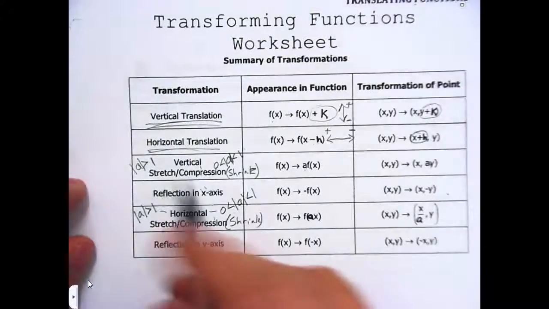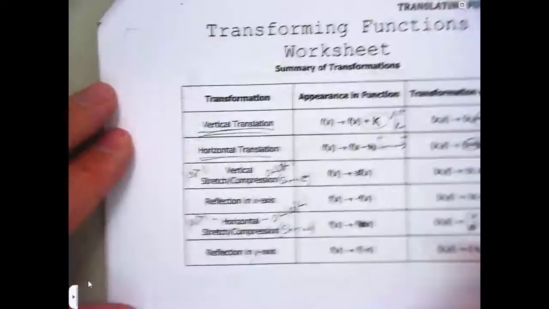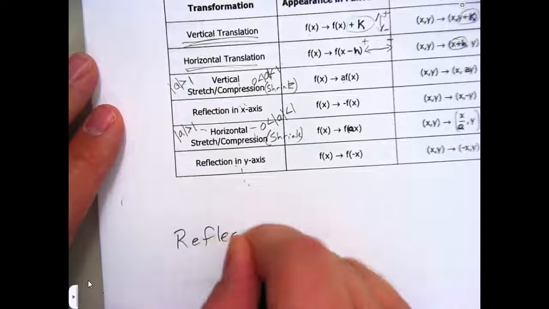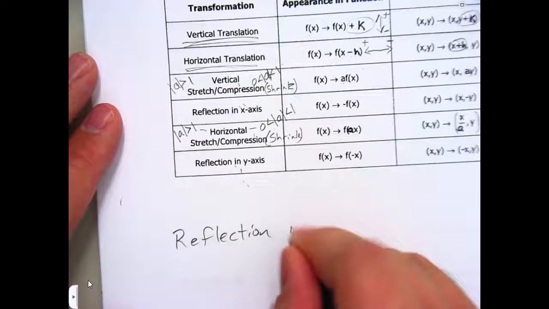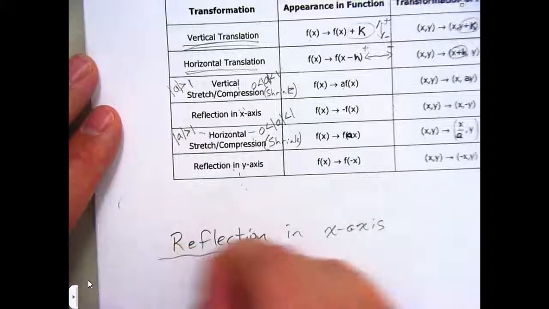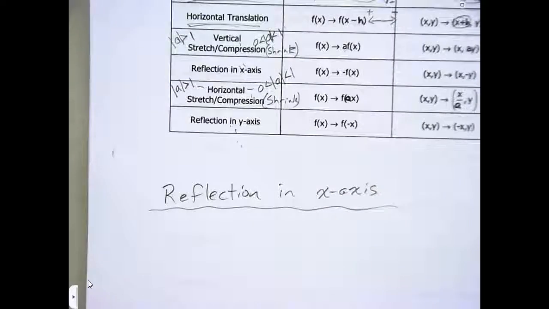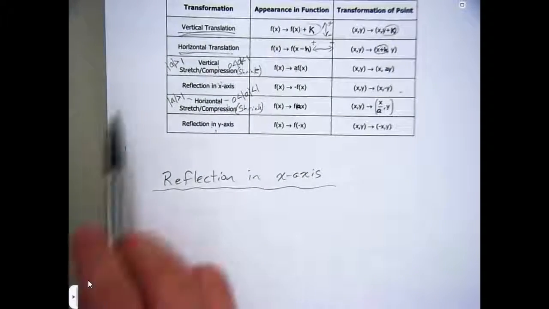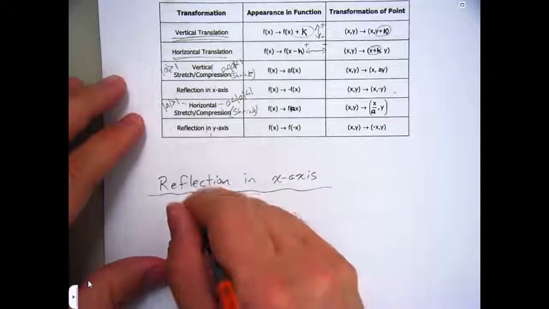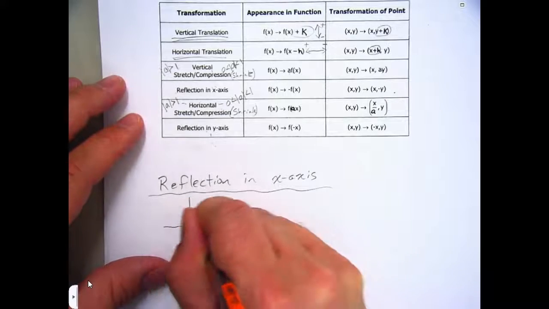All right, so let's talk about a reflection in the x-axis. What I want you to do down here on this page, write reflection in x-axis. If you want to add it to your other note page, you can, but I'm going to put it right here. You'll notice they have reflection in x, reflection in y on here. Well, reflection in x, I just want you to draw a quick x-y axis like so.